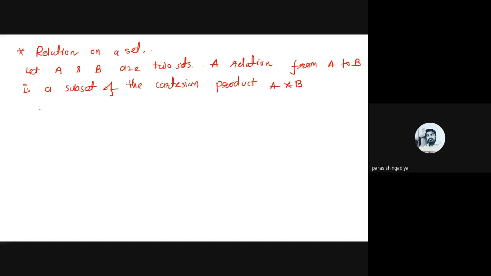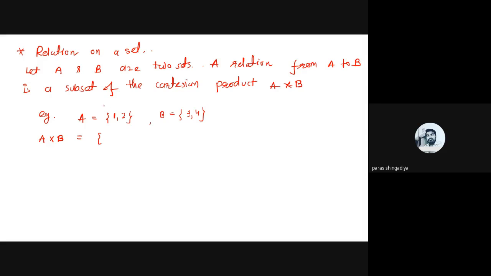Okay, let us take an example. Let A be equal to {1, 2}. Okay, two elements are in this A, and let B be equal to {3, 4}. There are two elements in this B. Okay, and now first we'll define the Cartesian product, and then we'll consider any of its subsets, and that is called a relation from A to B. So how can we define A cross B?